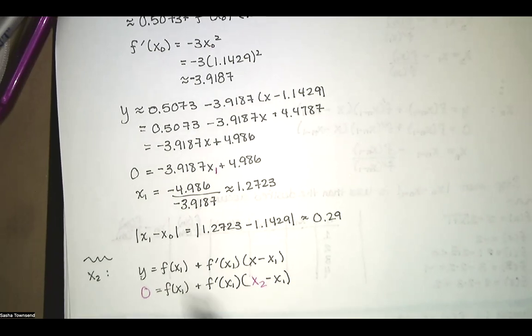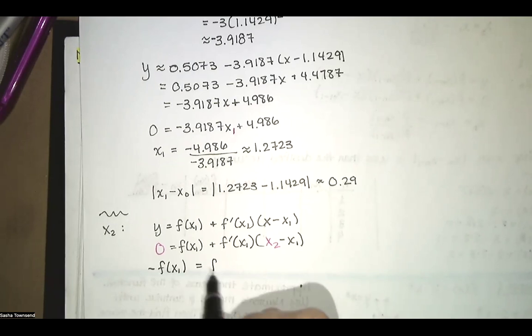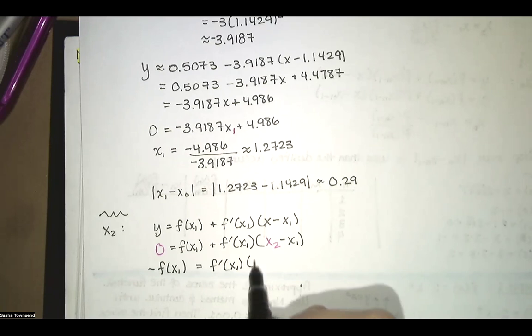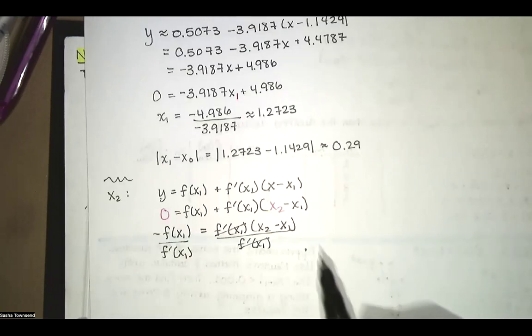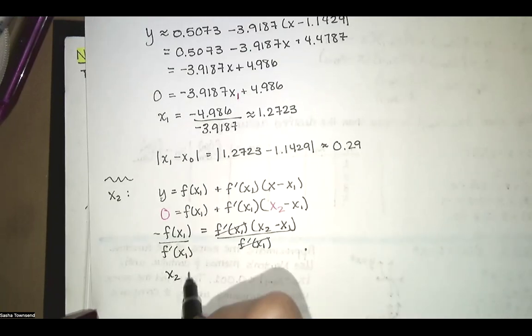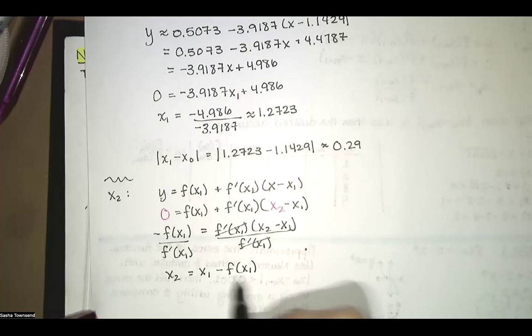If you subtract this from both sides and divide both sides by f prime at x1, you're trying to get x2 by itself. So x2 is x1 minus f of x1 divided by f prime at x1.